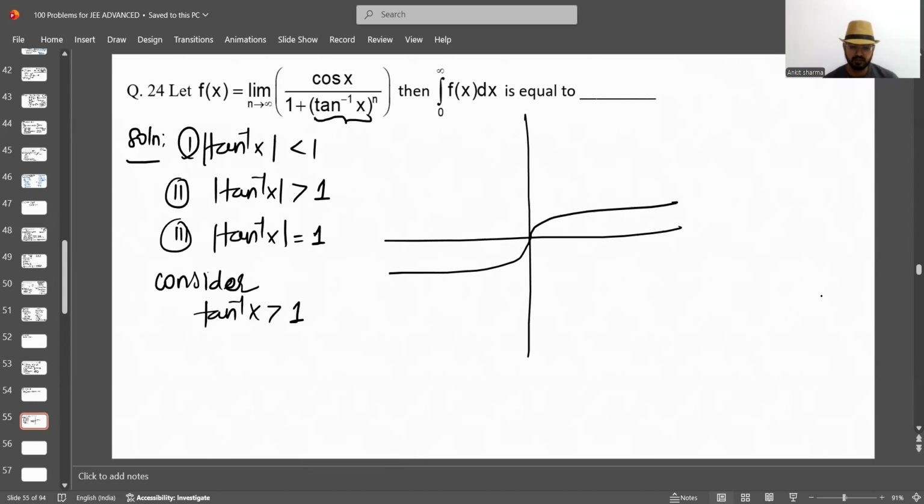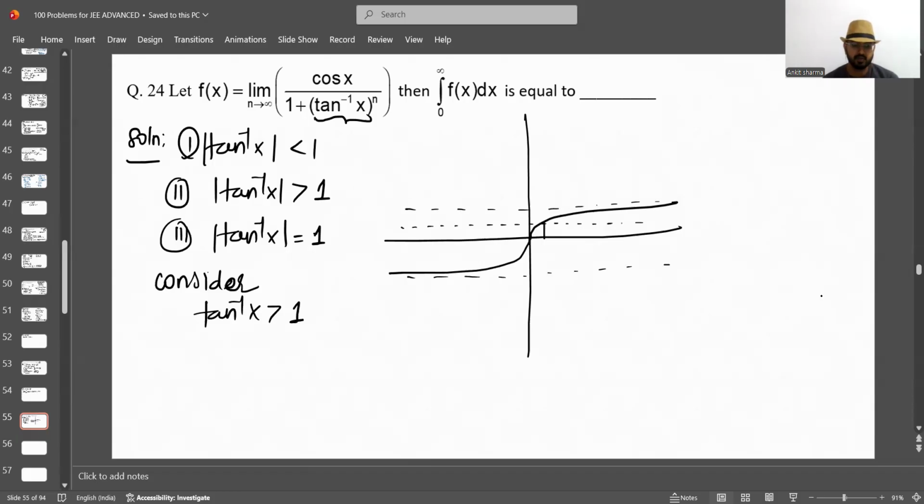If I'm saying that tan inverse of x is more than 1, there would be a point somewhere here. Now we are saying this is more than 1, so I need to see what this point is. Tan inverse of x, we know already, belongs to minus pi by 2 to pi by 2, the max limit.